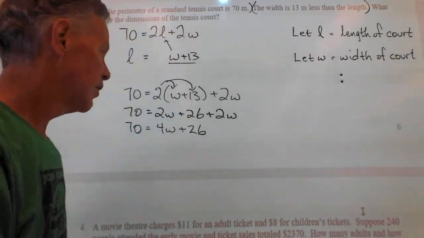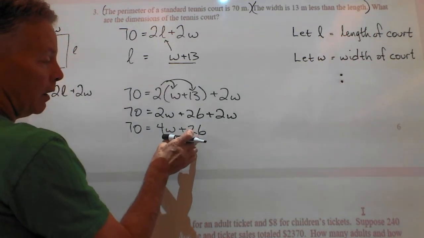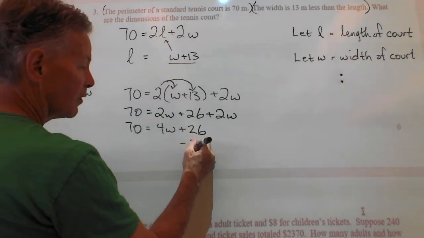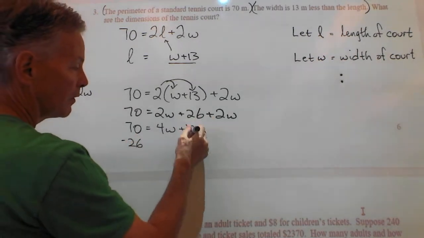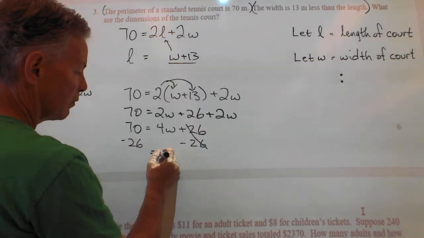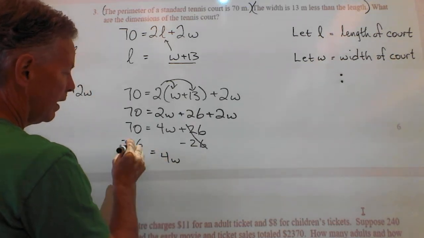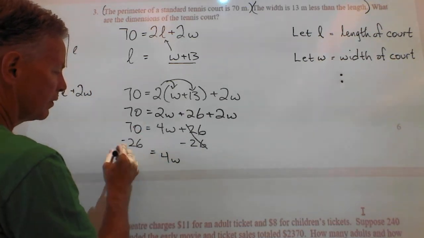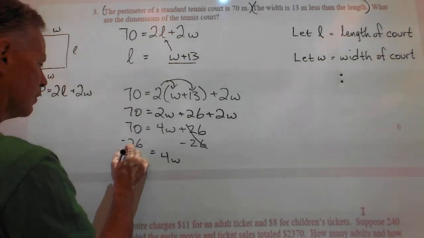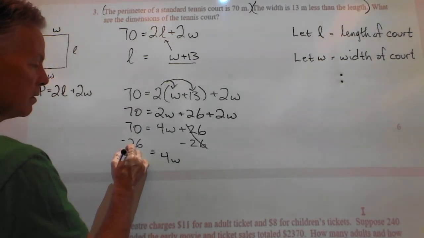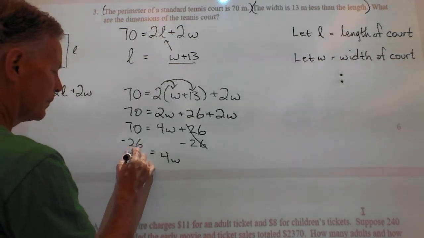Now we isolate the variable. Do adding and subtracting first. So we'll take 26 away from both sides. 26 minus 26 is 0. That leaves us with 4W. And 70 minus 26 is, what is 70 minus 26? 44, yeah, 44.